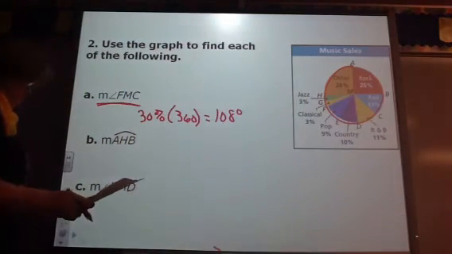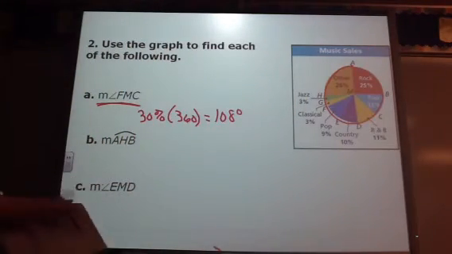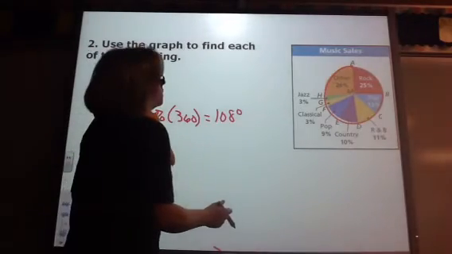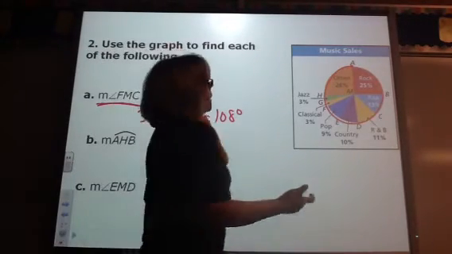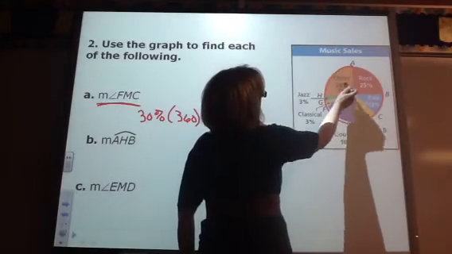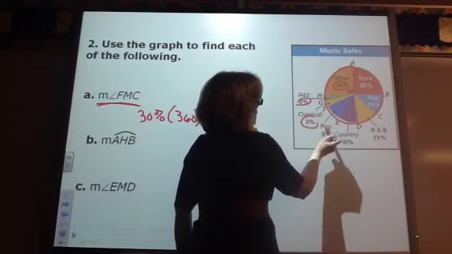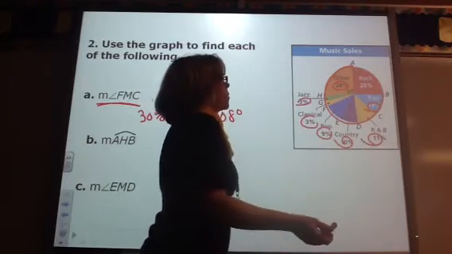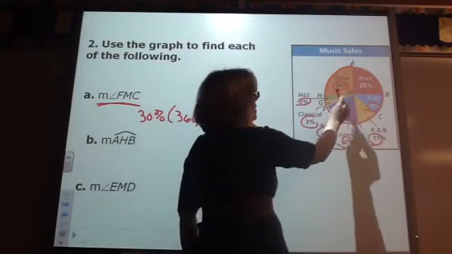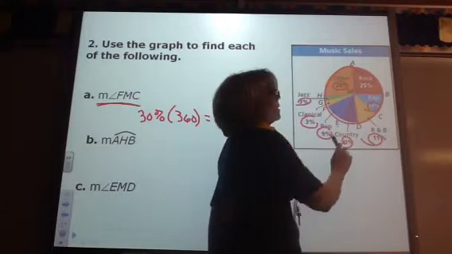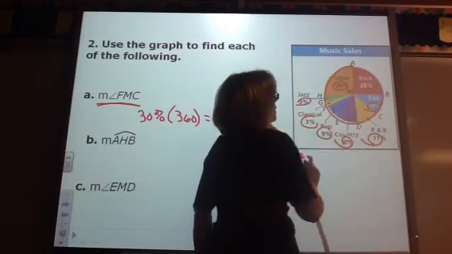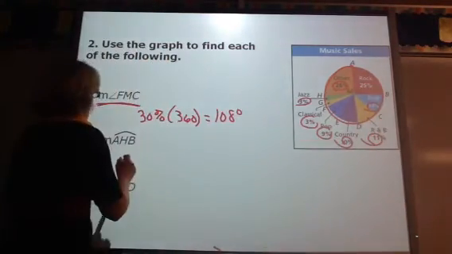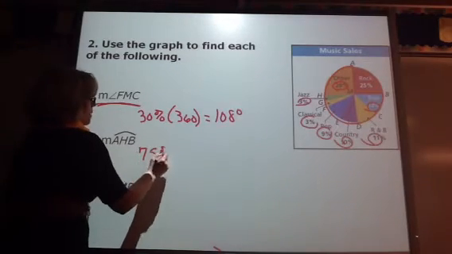All right, so two ways you could do this. You could take the 26 plus the 3 plus the 3 plus the 9 plus the 10 plus the 11 plus the 13. But an easier way, when you're dealing with percent, you have 100% of something. Well, if the arc that's left out is 25%, then the percent of this arc would be 75%.